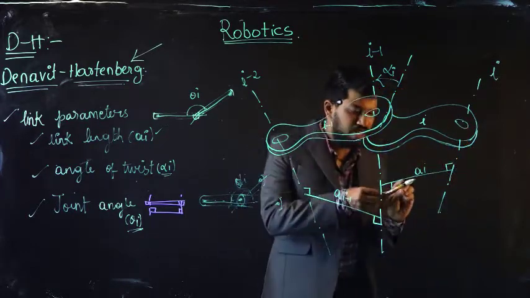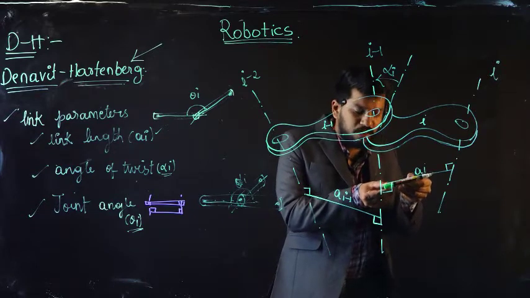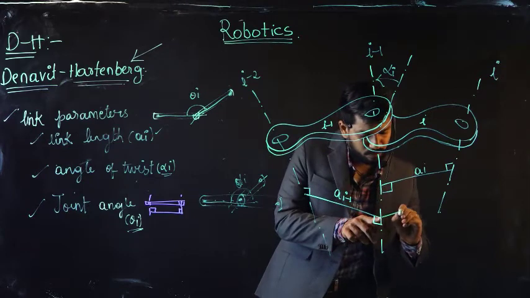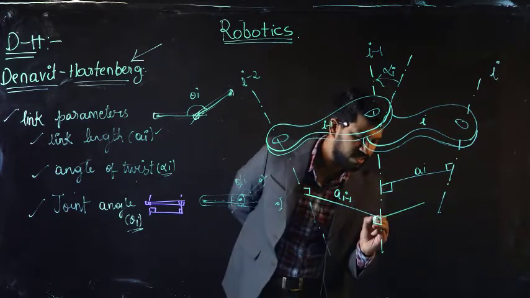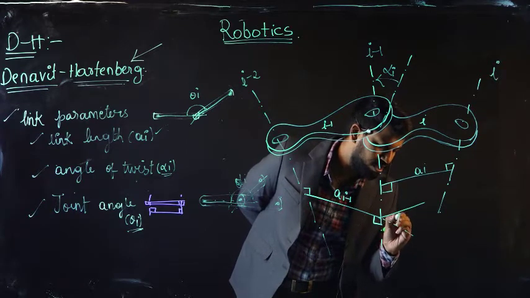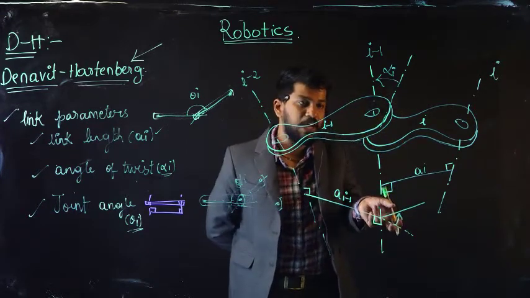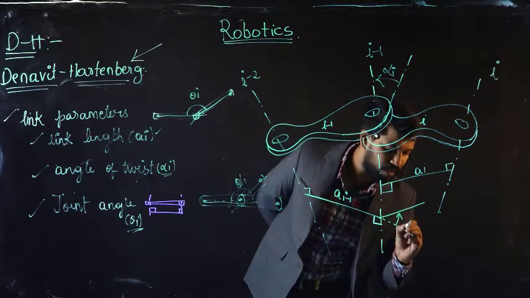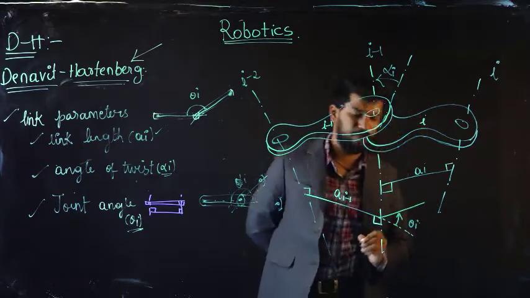So simply generate this particular link length over here. Now extend this. This will give us a certain angle, because there was some kind of angle between these two links. Let that angle be theta i.